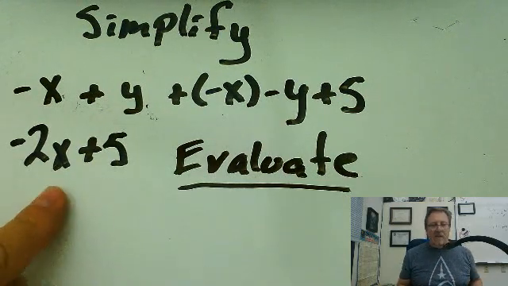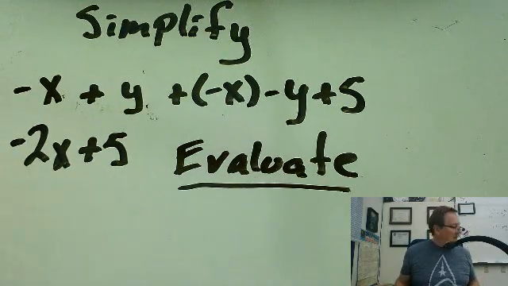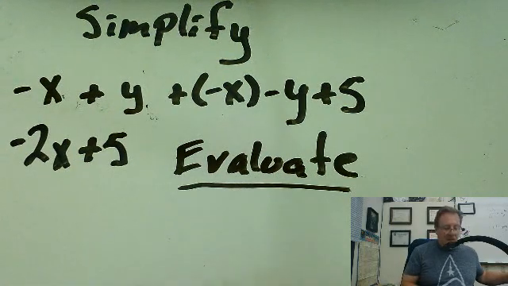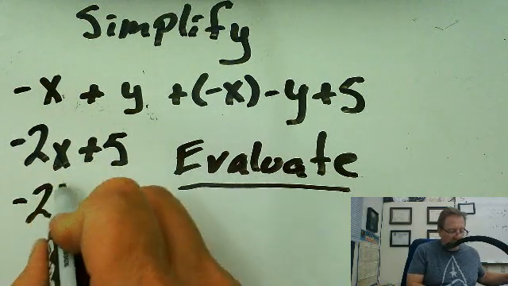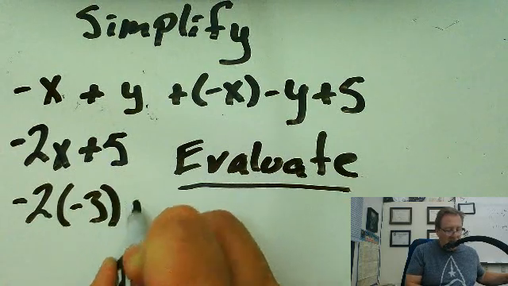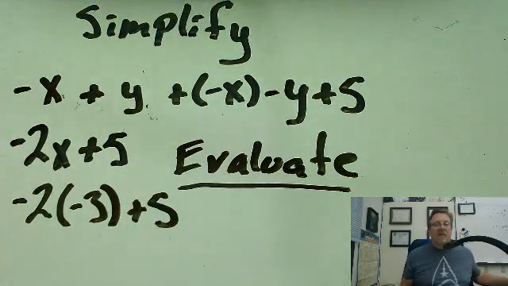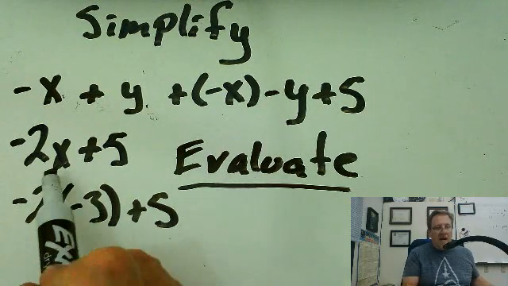Well, in this case, it doesn't matter what y is because there isn't one in our simplified term. But it did say, what if x is negative 3? So then we're going to have to plug that in, and we say, well, I had a negative 2, and it's being multiplied by a negative 3, and then we're adding 5. We're plugging negative 3 in for our x.